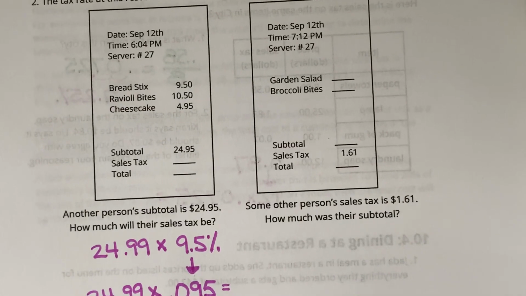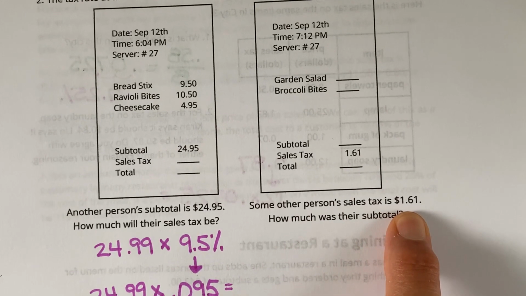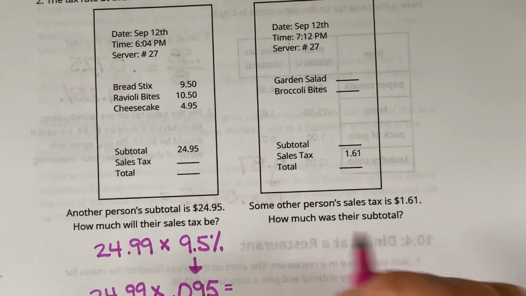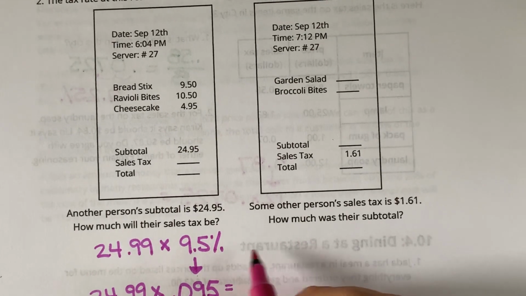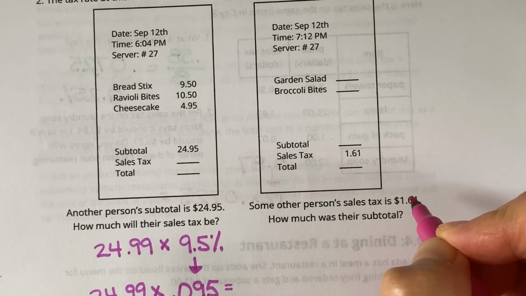All right, this one says some other person's tax was $1.61. What was their subtotal? So I know it's the subtotal times the tax, right? And I know the percent rate.